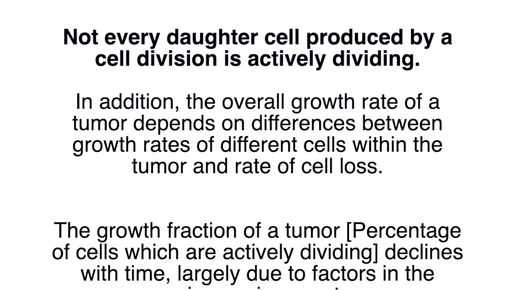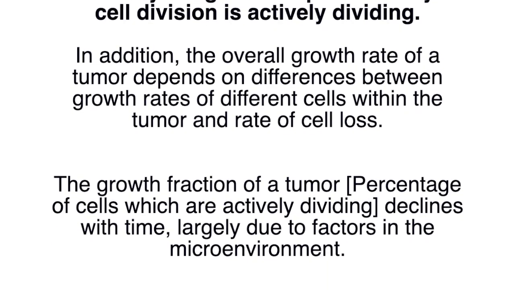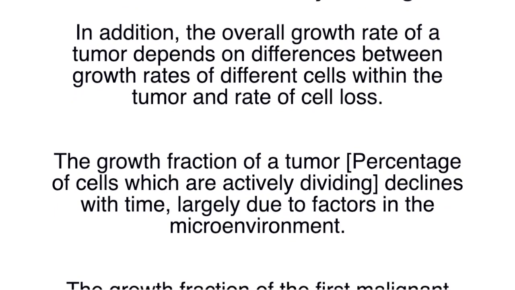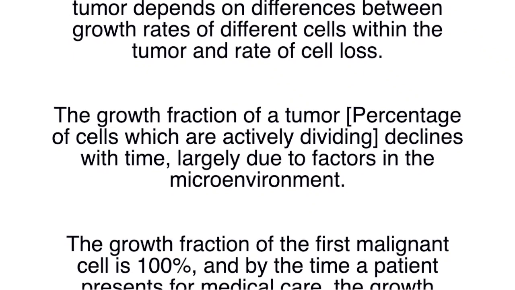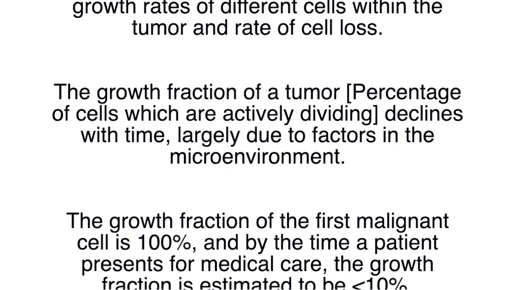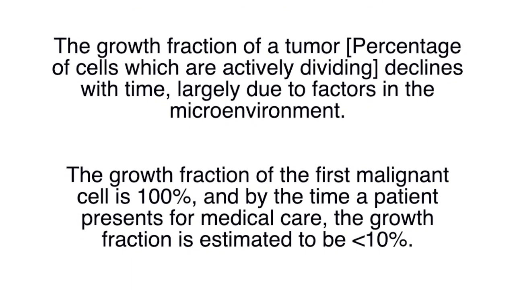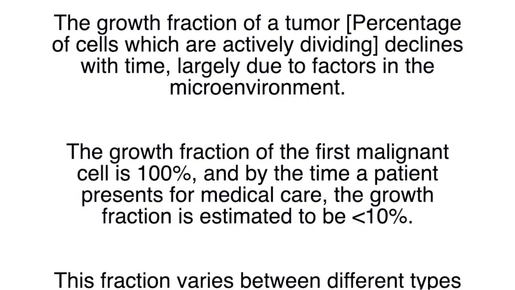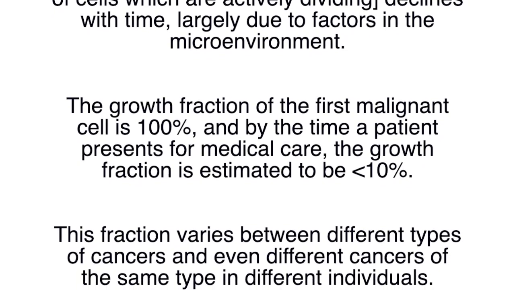The growth fraction of a tumor, that is, the percentage of cells which are actively dividing, declines with time, largely due to factors in the microenvironment. The growth fraction of the first malignant cell is 100%, and by the time a patient presents for medical care, the growth fraction is estimated to be less than 10%.